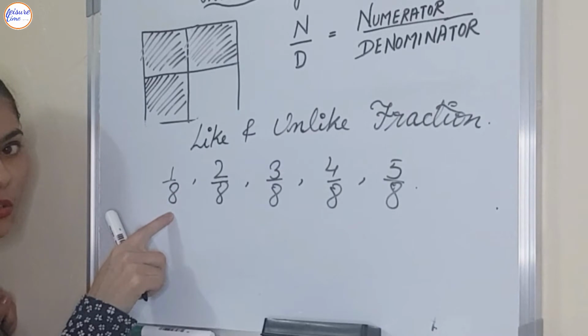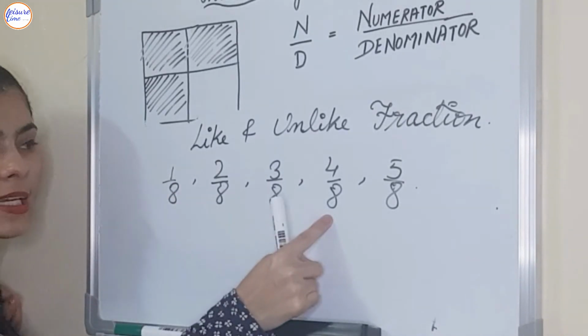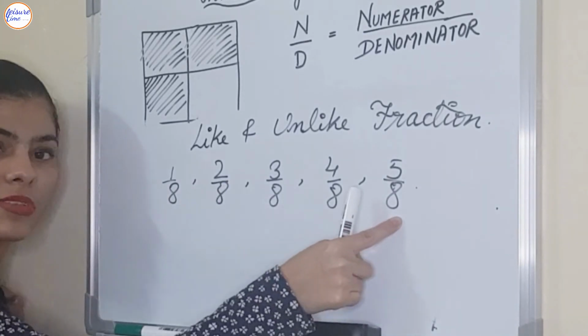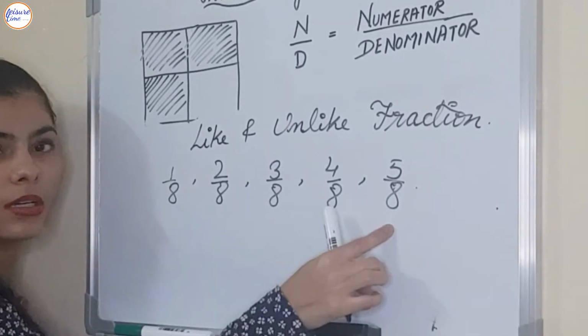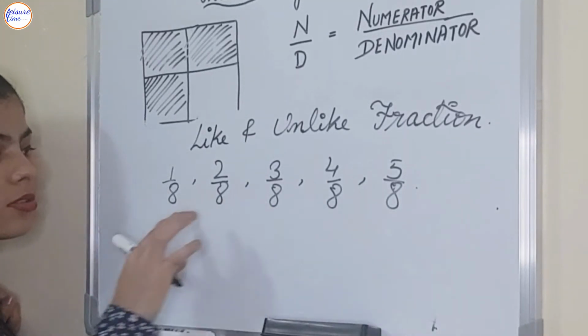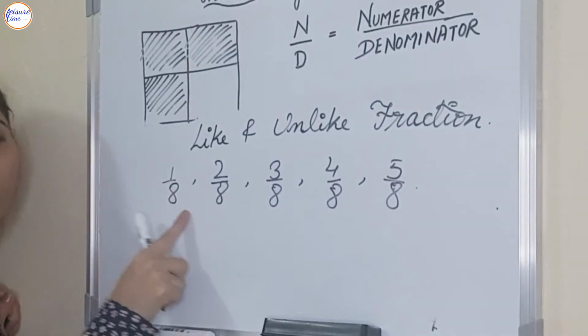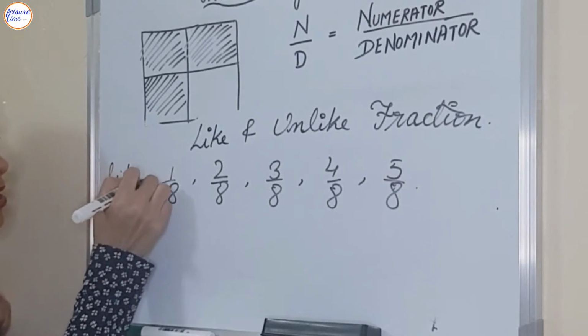Denominator. Here you can see 8, 8, 8, 8 and 8. It means all the denominators have the same value, 8. So all these fractions are like fractions.